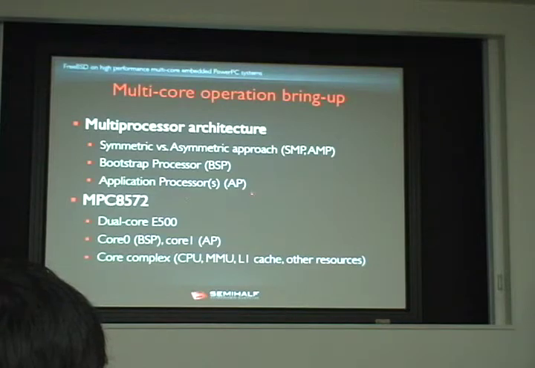So, filtering those generic terms through our specific system, we have a dual core, and core 0 would be the BSP, and core 1 would be the AP in our case. Freescale introduces the concept of a core complex, which is the whole compound of the CPU, an MMU unit, L1 caches, and other internal CPU resources.